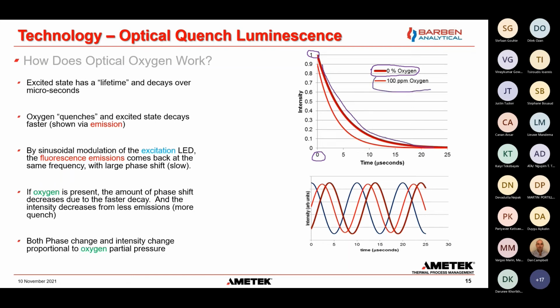Whereas in the presence of 100 parts per million of oxygen, at time 0, we now immediately start at 0.9, because some of the light from the population has been quenched by the oxygen. So immediately we have less light coming back, and it decays at a faster rate.